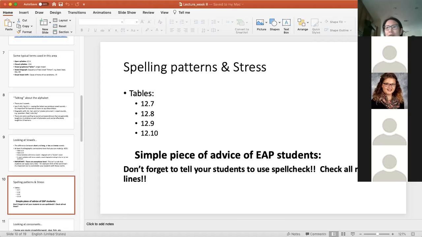out themselves, but this is part of the problem with phonology and spelling, that there are a lot of native speakers who just sort of throw up their hands.